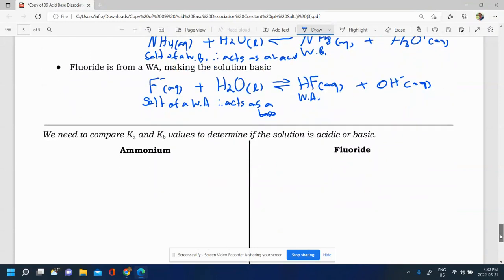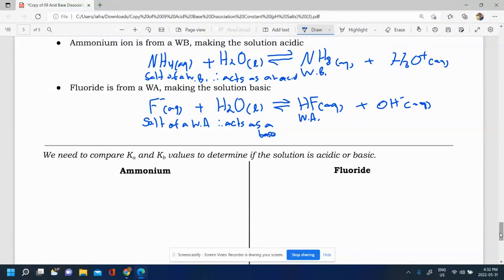So what we need to do is find the Ka of ammonium and the Kb of the fluoride ion and compare them to each other. Once we compare them, then we can figure out if the solution is going to be acidic or basic. I'll show you the different results. So let's go find the Ka of ammonium, which is NH4+.